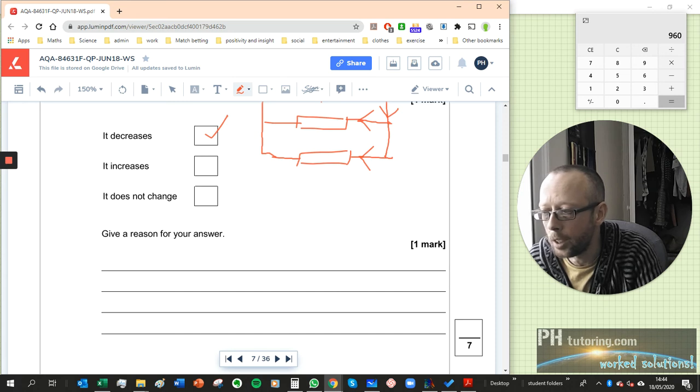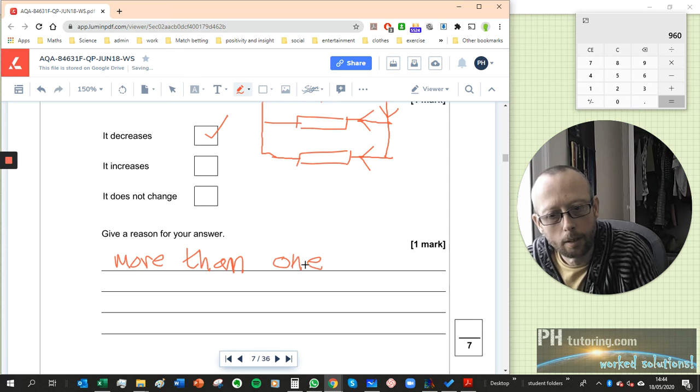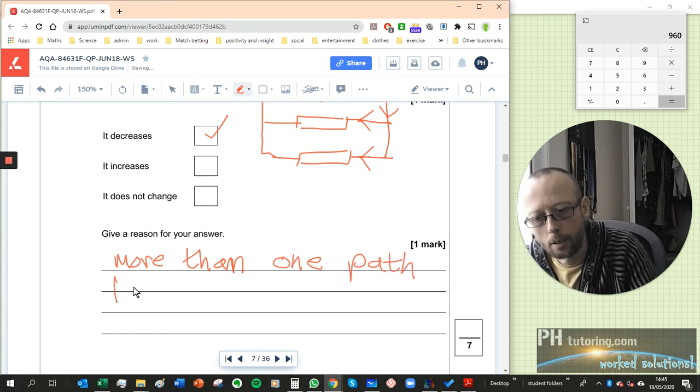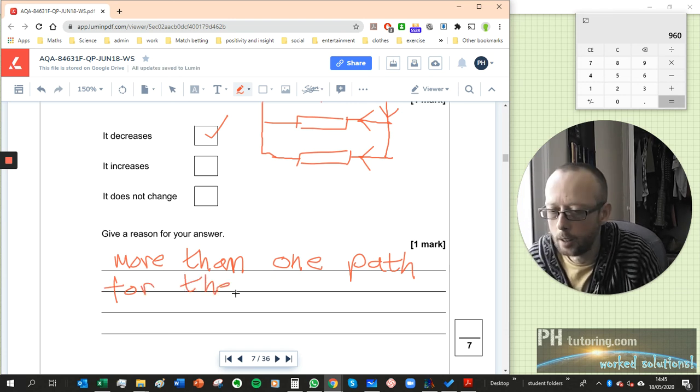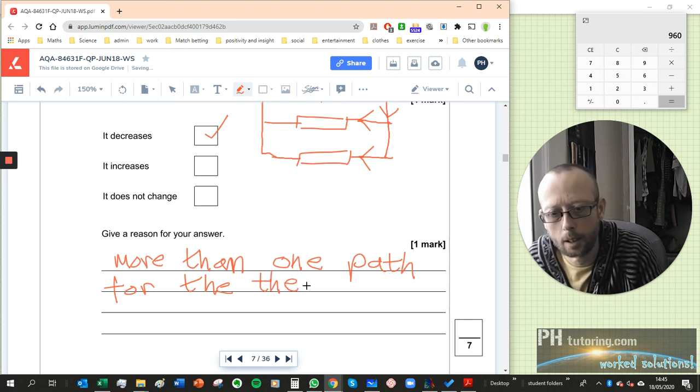How can I put that into a nice, easy sentence? Well, it's a 1-mark question. So: more than one path for the charge to travel.